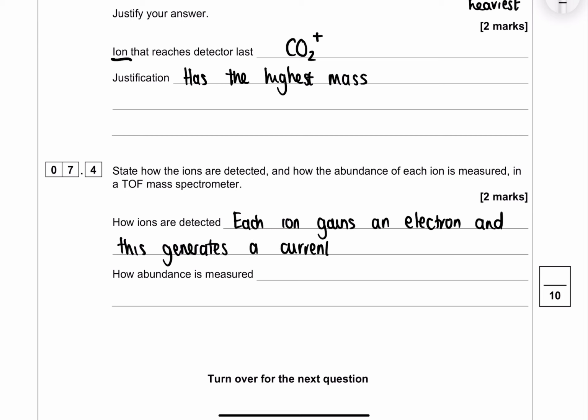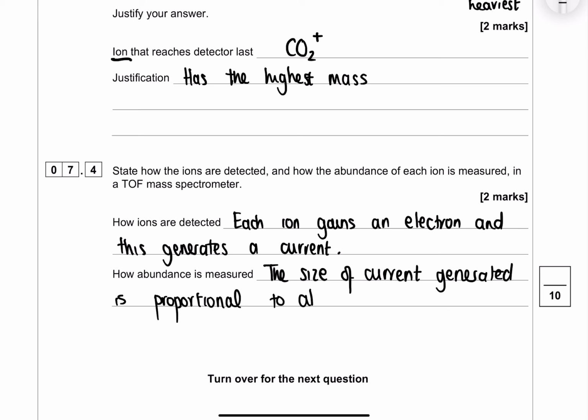How is abundance measured? The size of the current generated is proportional to abundance.